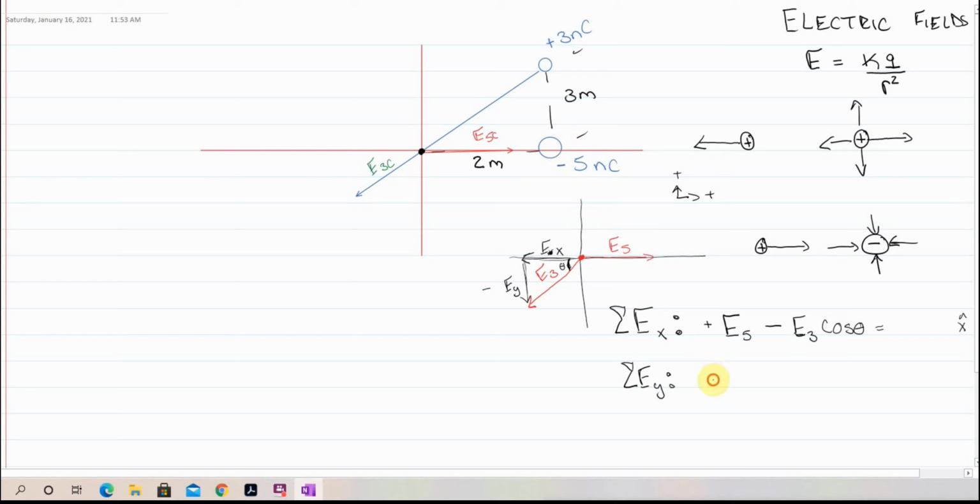So that's going down, so that gets a negative sign. It's below the axes and going down. And what do we have? We have E3, and if I'm using that angle, that's going to be times sine of theta. That will equal my E in the y.